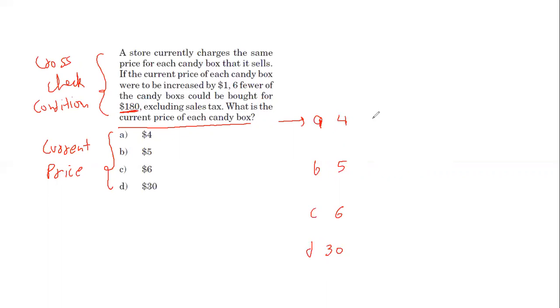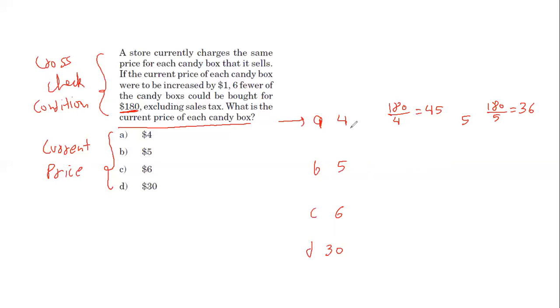So guys, if I have $180 with me and the price of each candy is 4, how many candies will I be able to buy? That is 180 by 4, that's 45 candies, right? Now the condition says if the current price is increased by 1, the new price will become 5. And if the new price becomes 5, how many candies will I be able to buy? 180 by 5, that is 36.